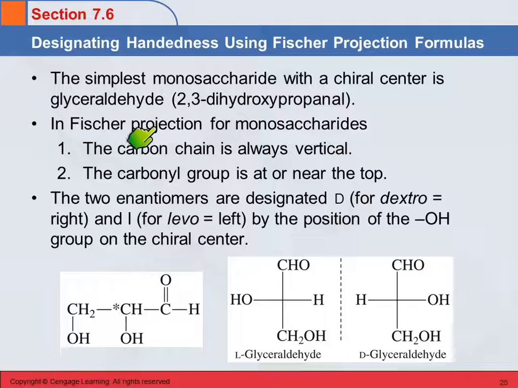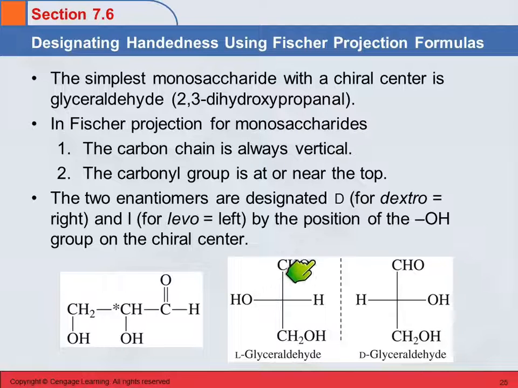So its other name is 2,3-dihydroxypropanal. When we draw the Fischer projection for this, we always put the carbon chain vertically. So here's 1, 2, 3, the 3 carbons in the chain. The one in the middle where the lines intersect is not specifically shown, but there's a carbon there where the lines intersect.